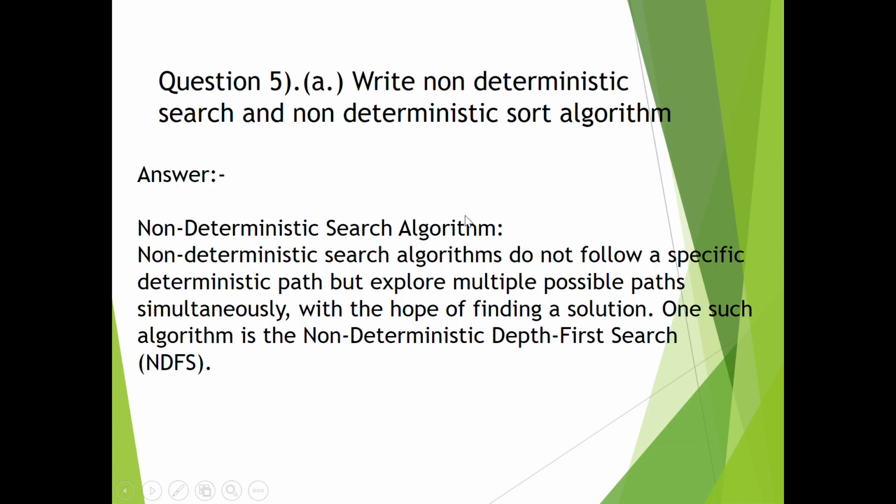Question number 5 is non-deterministic search and non-deterministic sort algorithms. Non-deterministic search algorithms do not follow a specific deterministic path but explore multiple possible paths simultaneously, with the hope of finding a solution. One such algorithm is NDFS, non-deterministic depth first search.